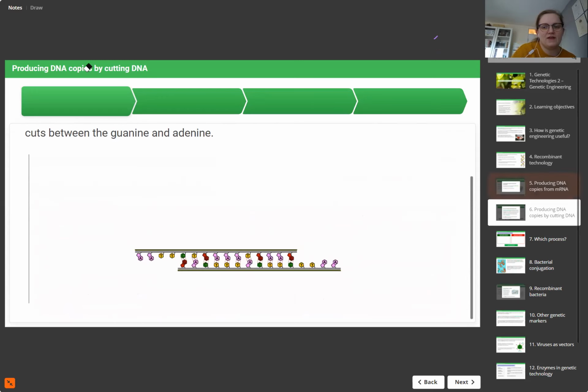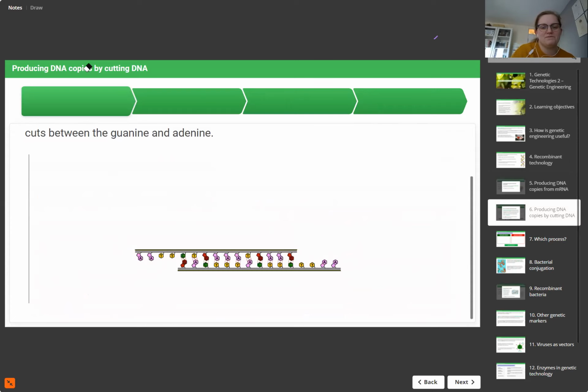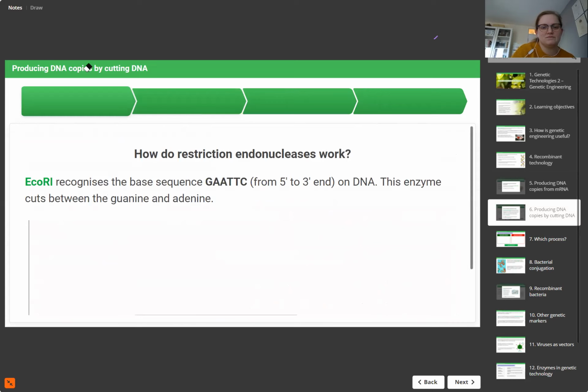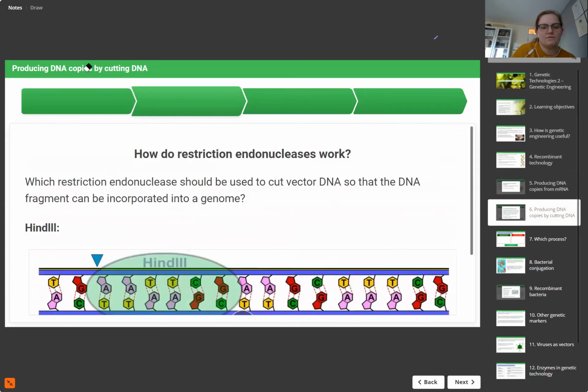We couldn't see all of it. So you then get two ends being left, which are called sticky ends. And I'm going to explain them in a minute, but I'm going to just show you it with HindIII as well, because I'll scroll it down so we can see that a bit better.